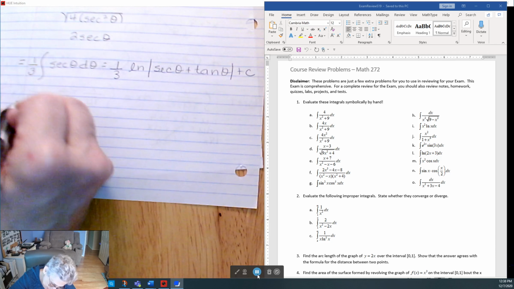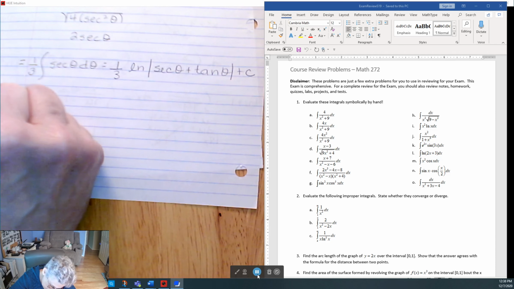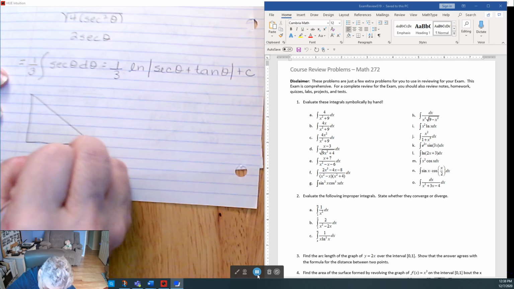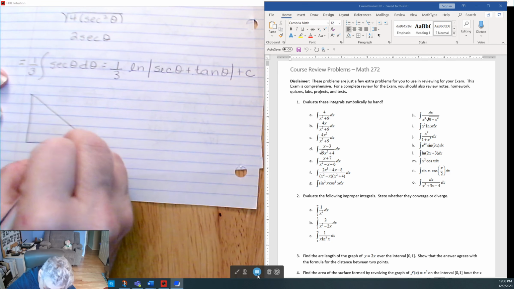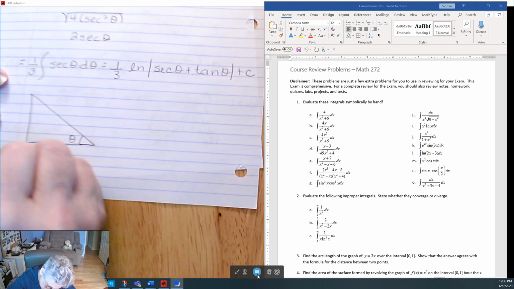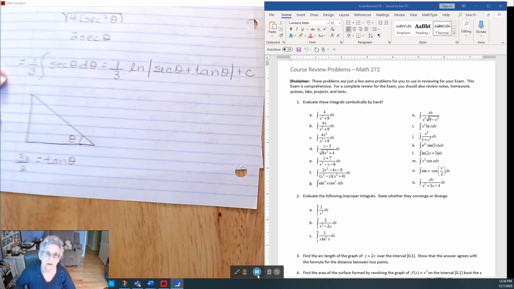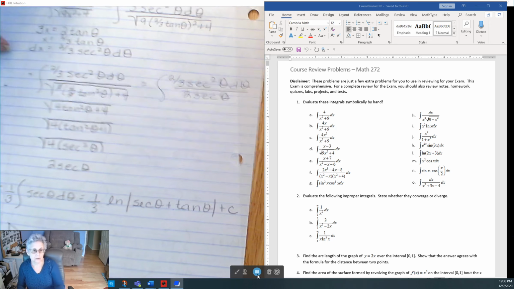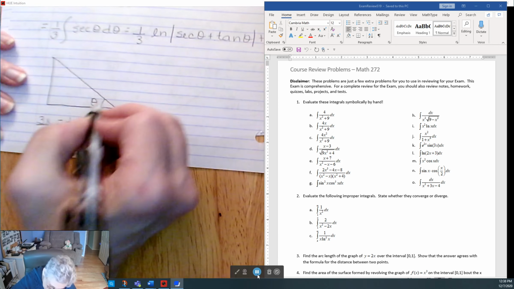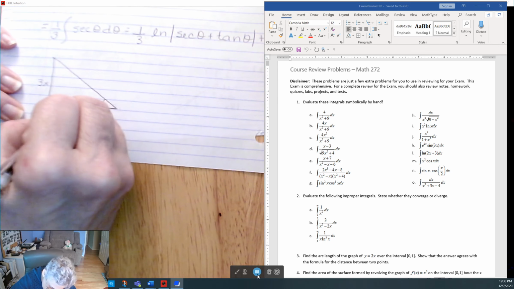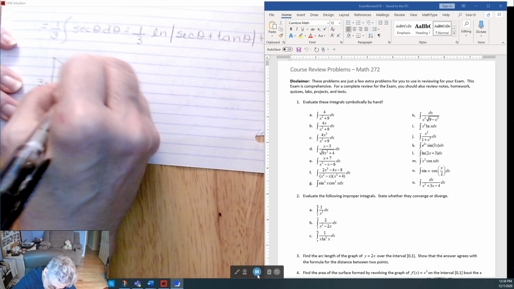So now I have to draw my triangle because I need to bring my x's back. Here's theta. 3x over 2 is equal to the tangent of theta, because 3x is equal to 2 times tan theta. So tangent is opposite over adjacent.